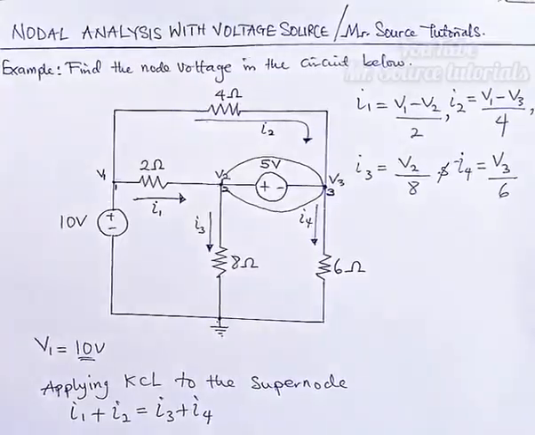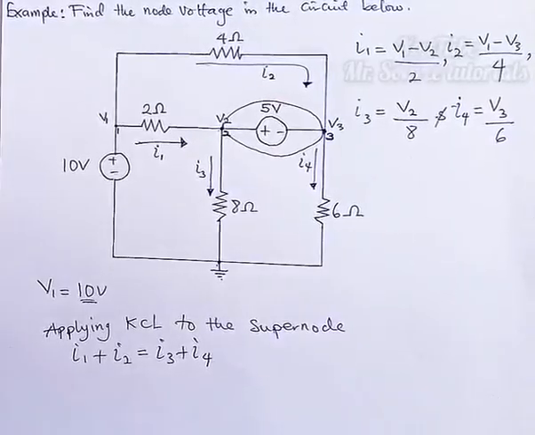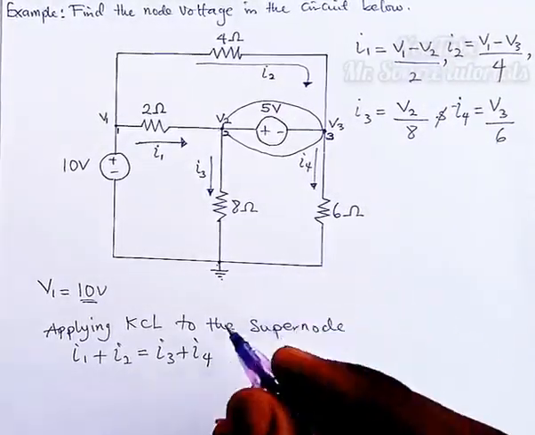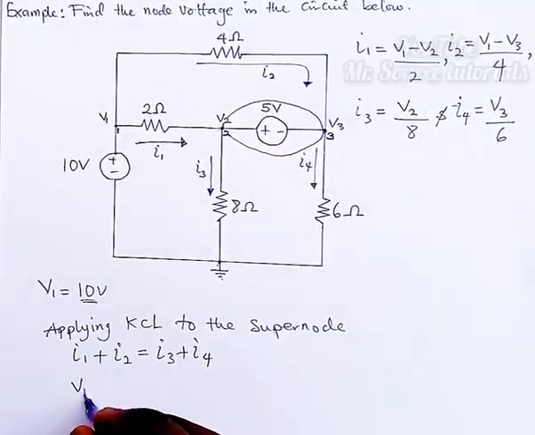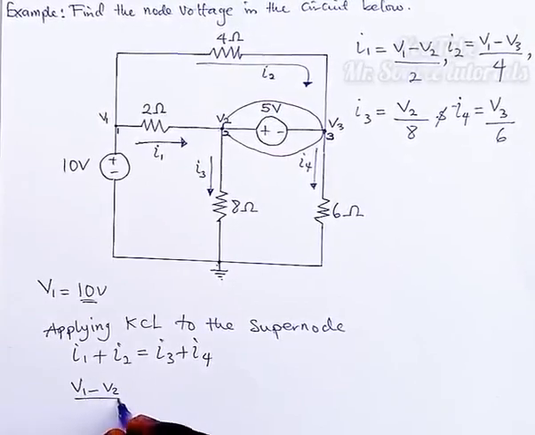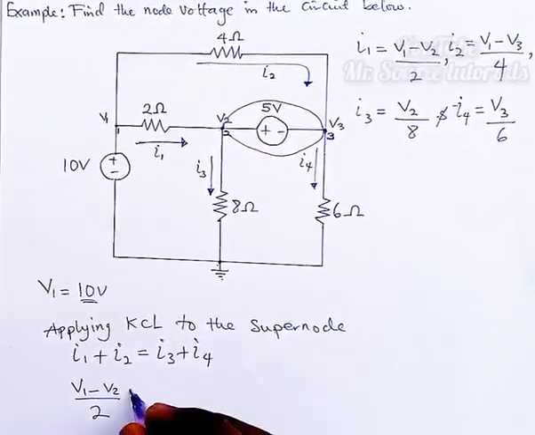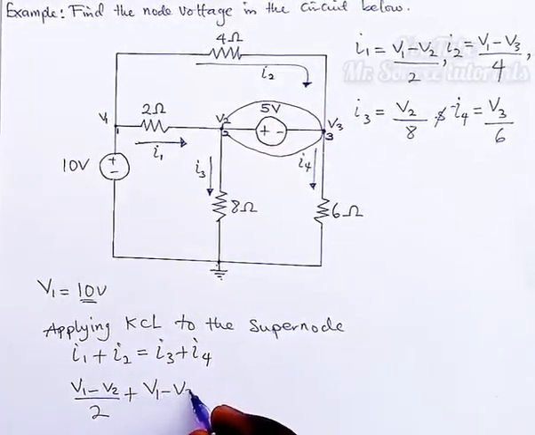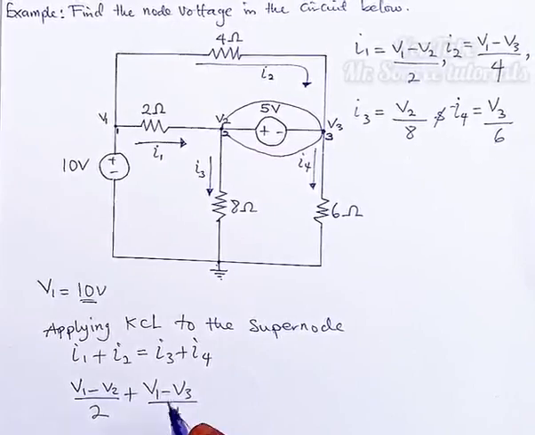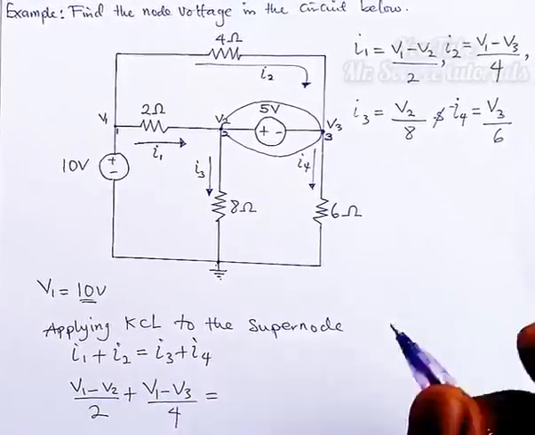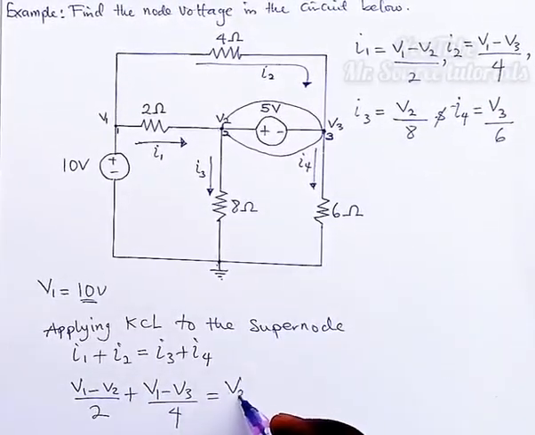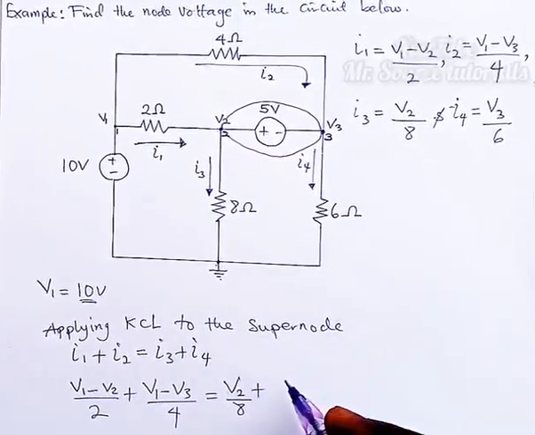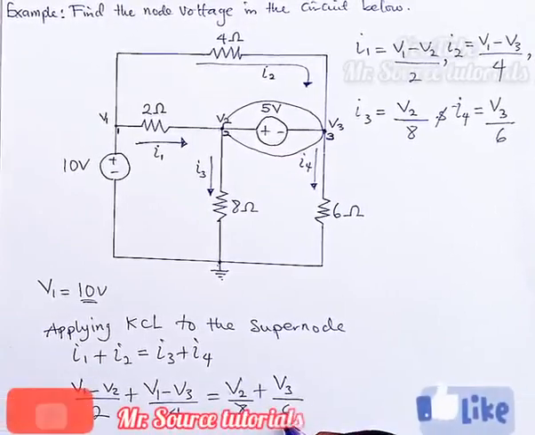So we now put in the values for I1, which were already defined here above. I1 is given by V1 minus V2 divided by 2, plus I2, which is given by V1 minus V3 divided by 4, equals I3, which is given by V2 over 8, plus I4, which is given by V3 over 6.